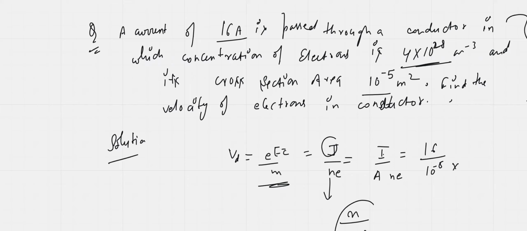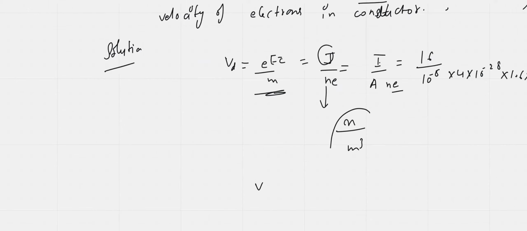The concentration is given as 4 into 10 to the power 28. The charge on the electron is 1.6 into 10 to the power minus 19. If you solve it, you are supposed to get something around 2.5 into 10 to the power minus 4 meter per second.